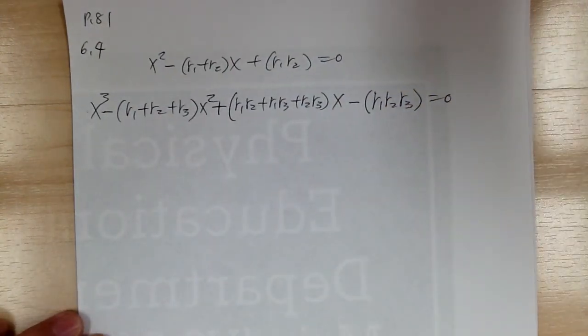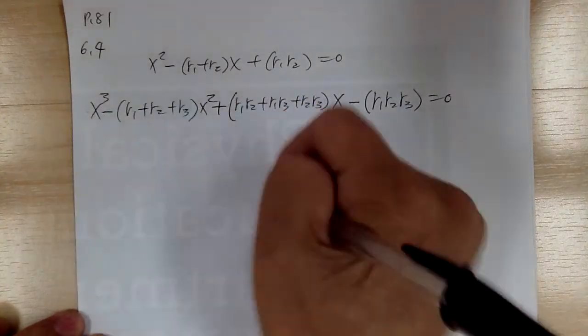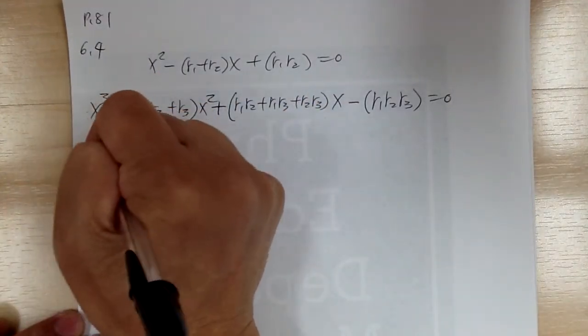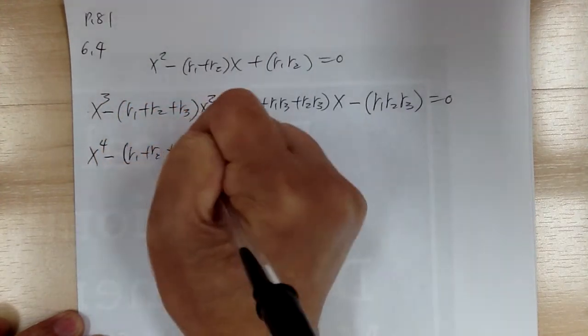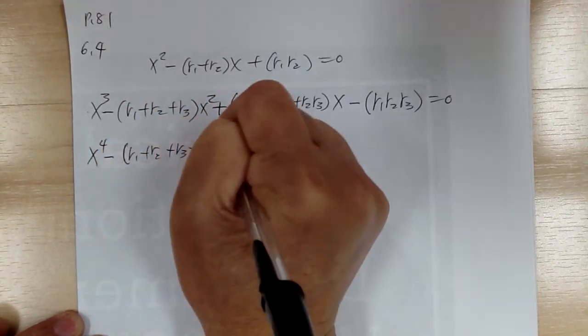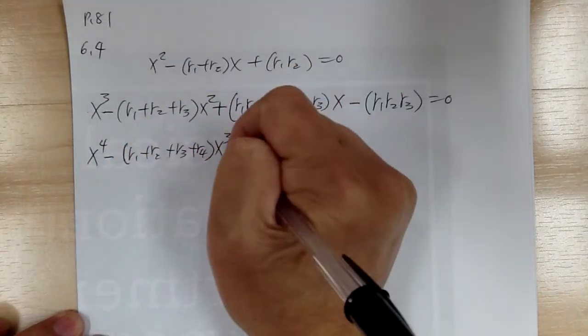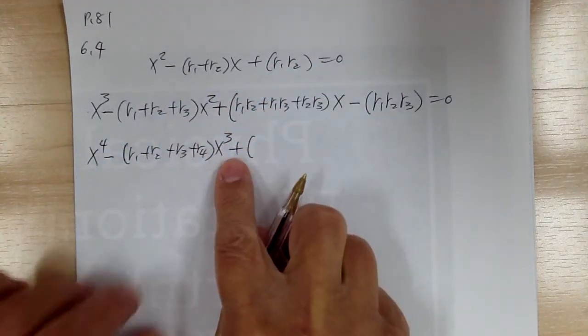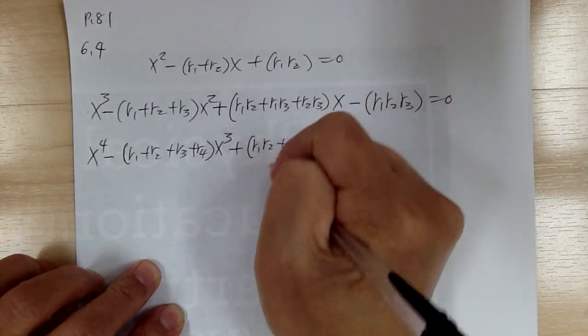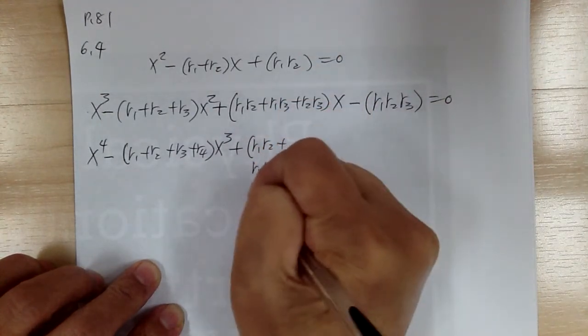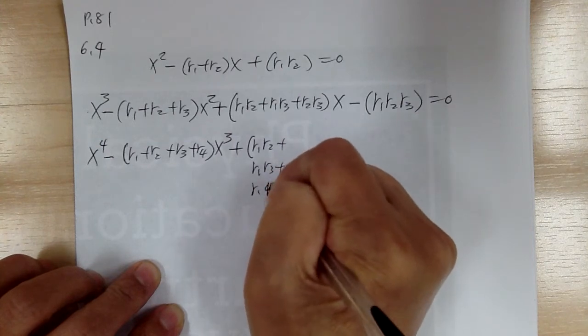Now, the fourth power, again, just follow the same pattern. You're going to get x to the 4 minus (r1 plus r2 plus r3 plus r4) x to the 3. Plus, minus will be plus. So you take two at a time. It would be r1 r2, going down, plus r1 r3 plus r1 r4.